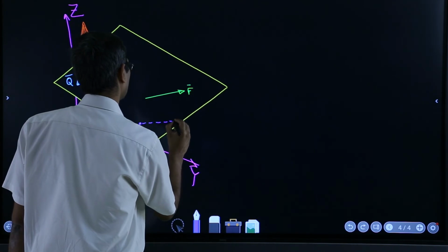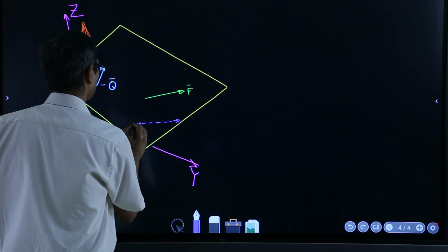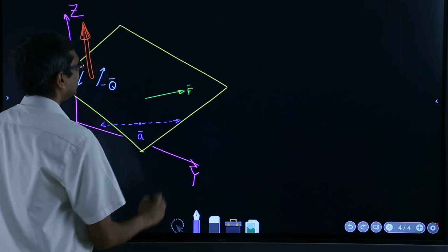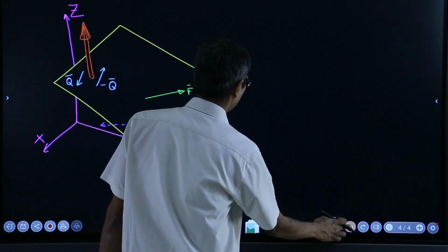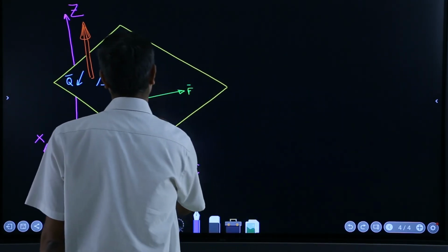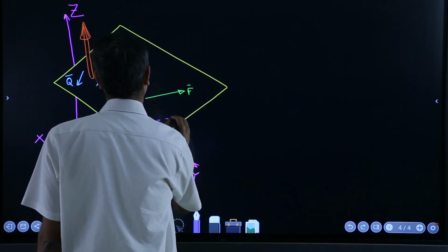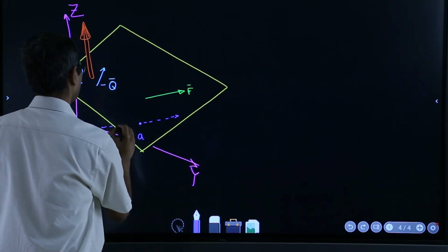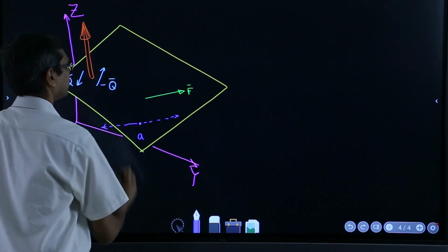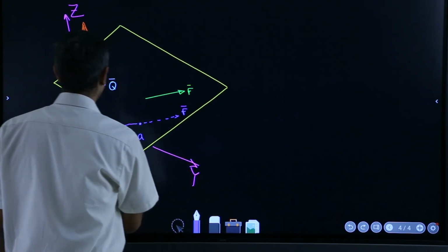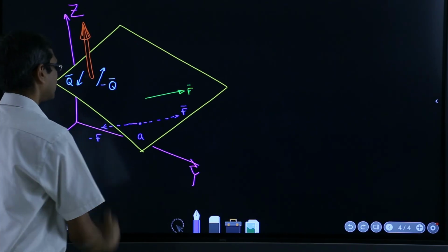Okay, and I will add both F and minus F. This is not parallel, please forgive me for that, and I'll try to draw again. So F and minus F. Okay, so this is F and this is minus F I have added.